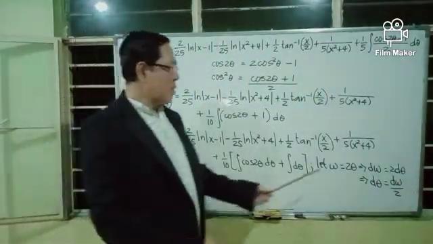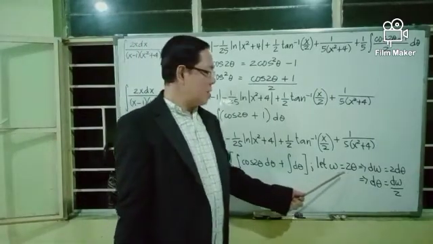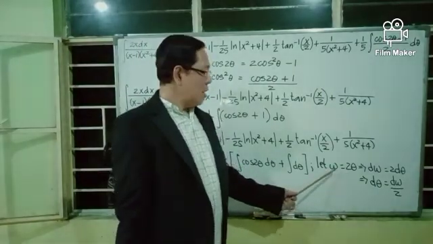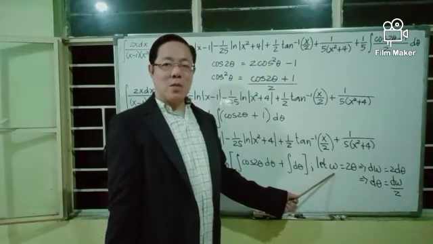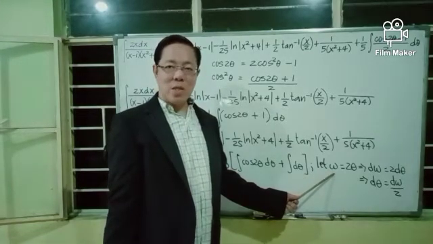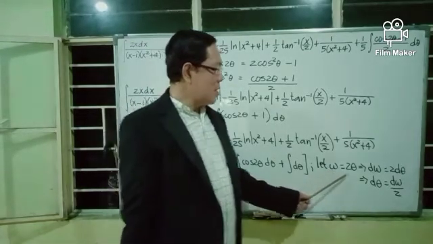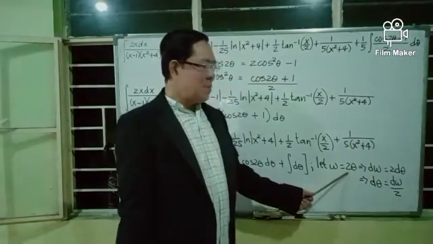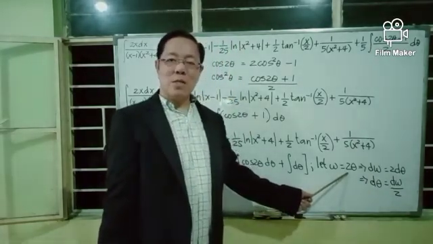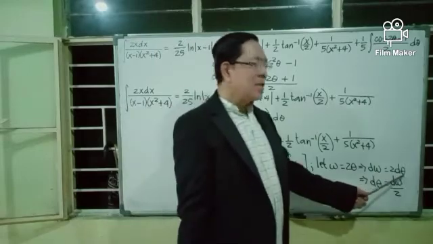If we let w equals 2 theta, differentiating both sides, the derivative of w with respect to w is 1, multiplied by dw. The derivative of 2 theta with respect to theta is 2, multiplied by d theta.